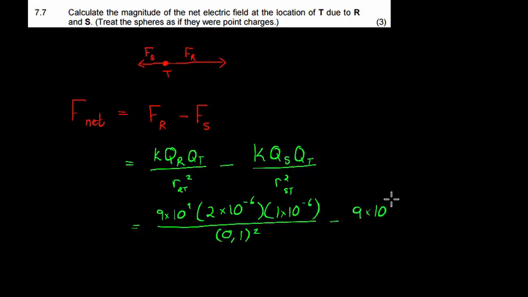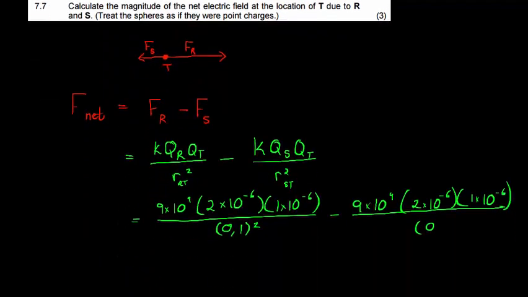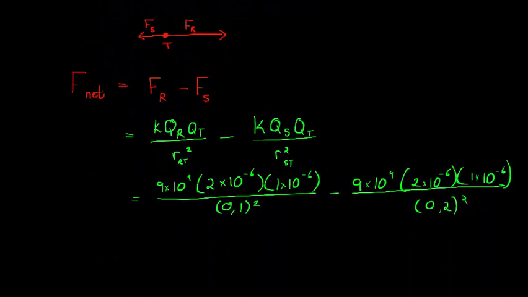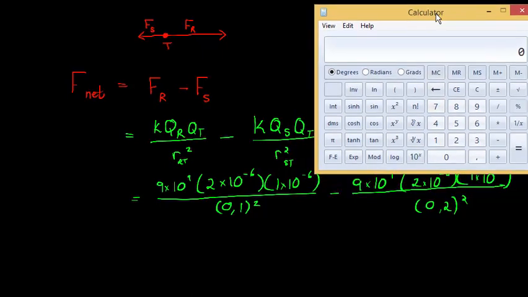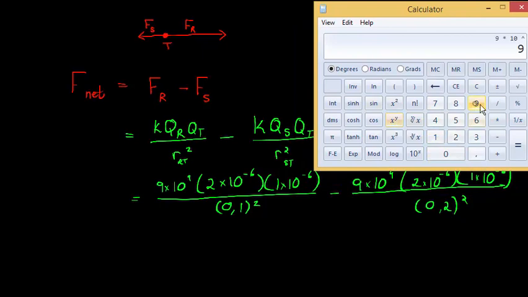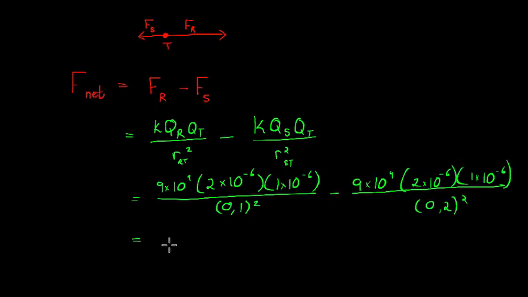Minus, same thing, 9 times 10 to the power of 9 times 2 times 10 to the power of -6, because that's the charge on S, and 1 times 10 to the power of -6, that's the charge on T, and then divided by the distance squared, which in this case is 20 centimeters, which is 0.2 squared. Let's calculate that. The numerator, 9 times 10 to the power of 9 times 2 times 10 to the power of -6 times 1 times 10 to the power of -6, divided by the denominator, 0.1 squared, is equal to 1.8 newtons.